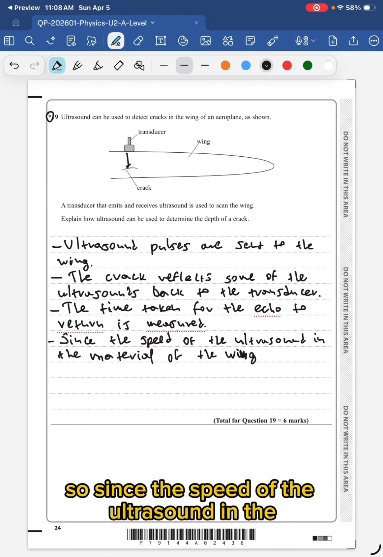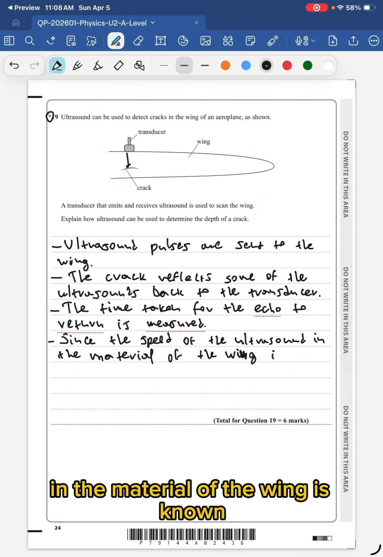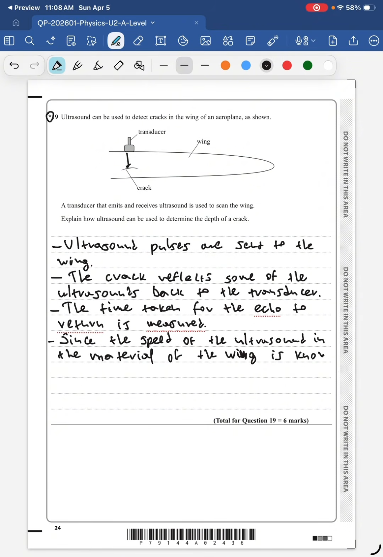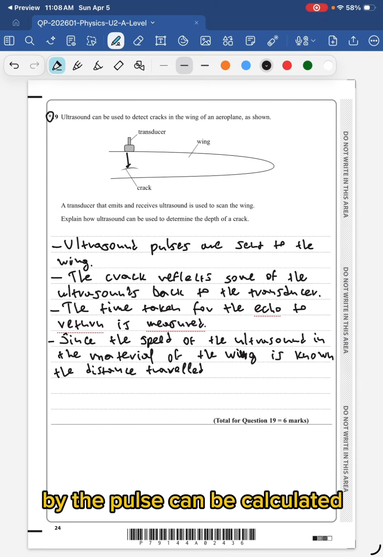So since the speed of the ultrasound in the material of the wing is known, the distance traveled by the pulse can be calculated.